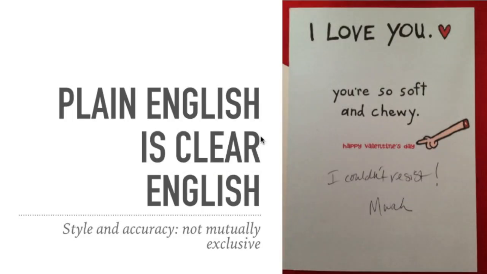Well, okay, one of my favorite examples of writing in plain English is this Valentine's Day card that my wife gave me. I love you. You're so soft and chewy. Happy Valentine's Day. That's pretty clear, right? So what I'm saying is that the accuracy of the card and the style are not mutually exclusive.